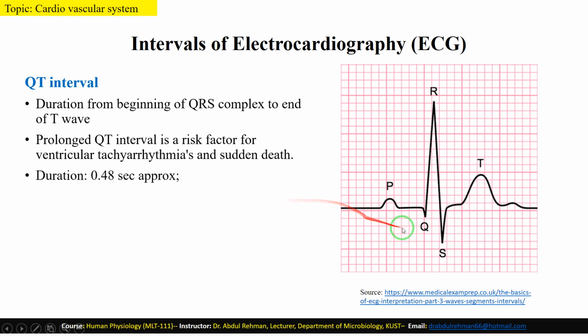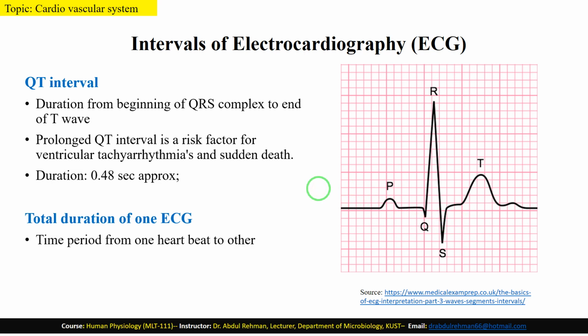The normal duration for the QT interval is approximately 0.48 seconds. So what will be the total duration of one ECG? The total duration of one ECG is the time required from one heartbeat to another, and it is equivalent to approximately 0.8 seconds.